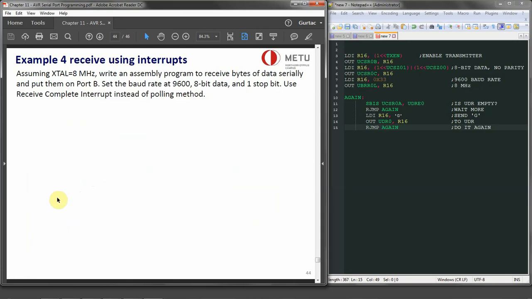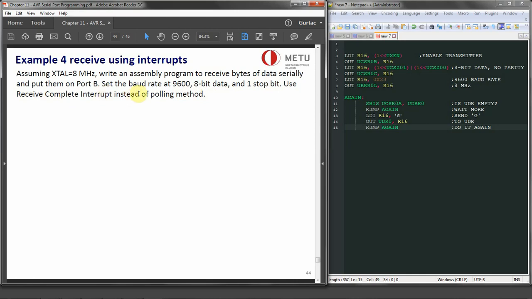And one other example, assuming that the frequency is 8 megahertz, write an assembly program to receive bytes of data serially and put them on port B. Set the baud rate at 9600, 8-bit data, and 1 stop bit. Use receive complete interrupt instead of polling method.